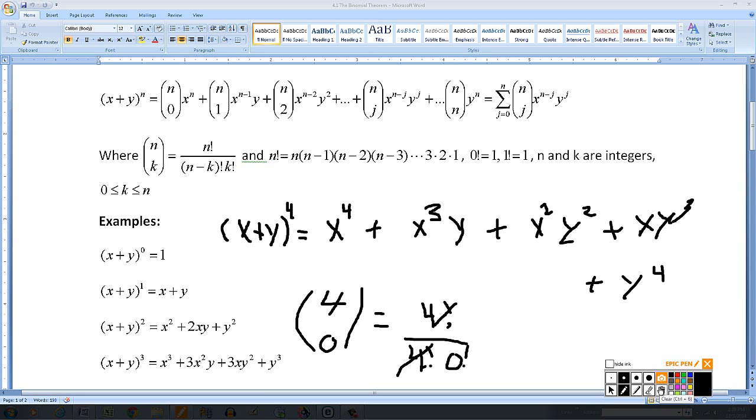Now, let's do the next one. The next one should be 4, select 1. Okay, if you look at your formula, 4, select 1. So I'll write it over here, 4, select 1.